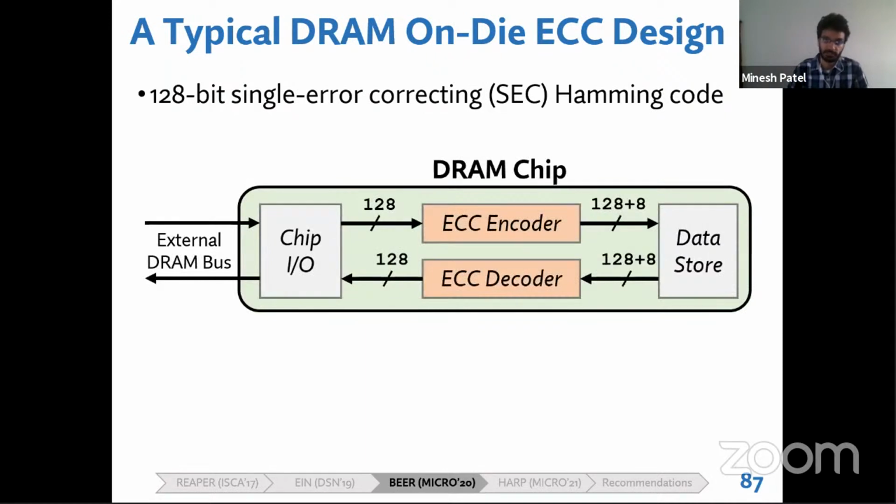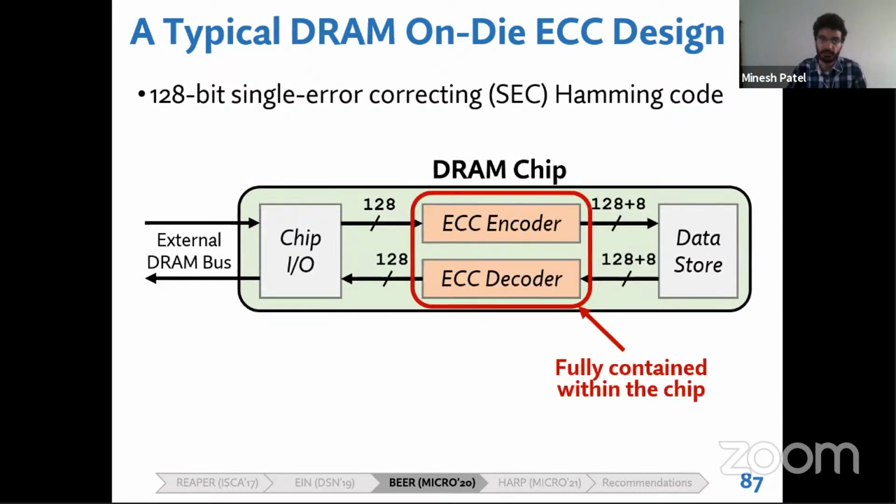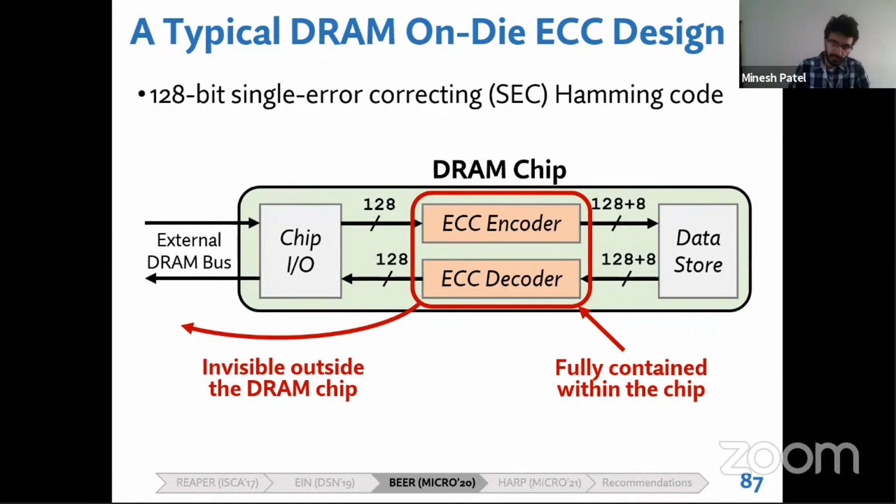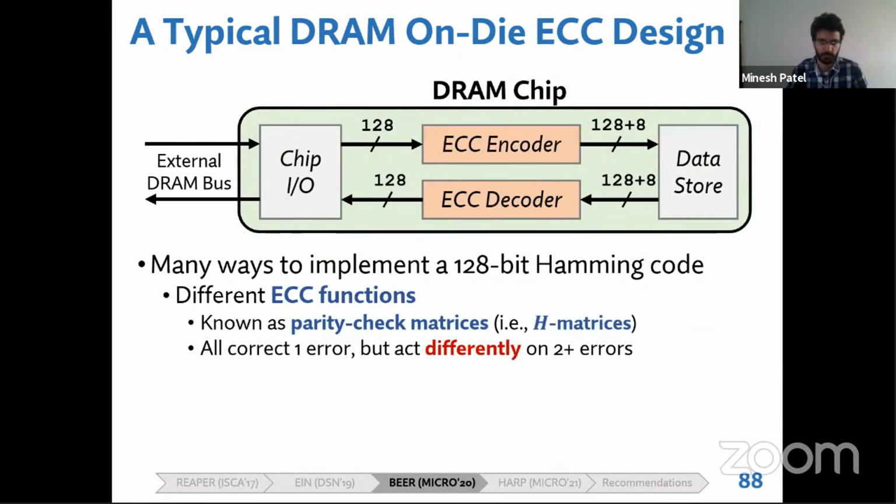Here we're illustrating a DRAM chip that uses on-die ECC. We see that there's an ECC encoder and decoder fully contained within the chip. This also means that it's invisible outside the DRAM chip, right? There are many ways to actually implement this 128-bit Hamming code. These essentially correspond to different ECC functions, known as parity check matrices or H matrices.